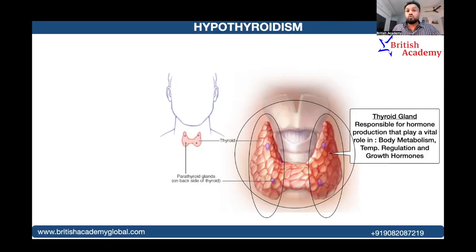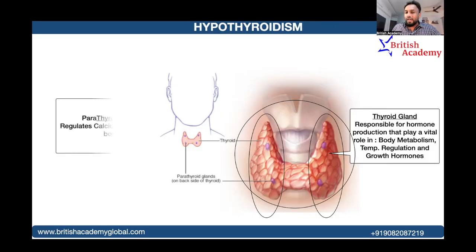This also affects your mood. So when you see altered mood, your metabolism going down, you're gaining weight, you cannot bear cold temperature, those are signs for you to check your TSH level or your T3 or T4 levels.